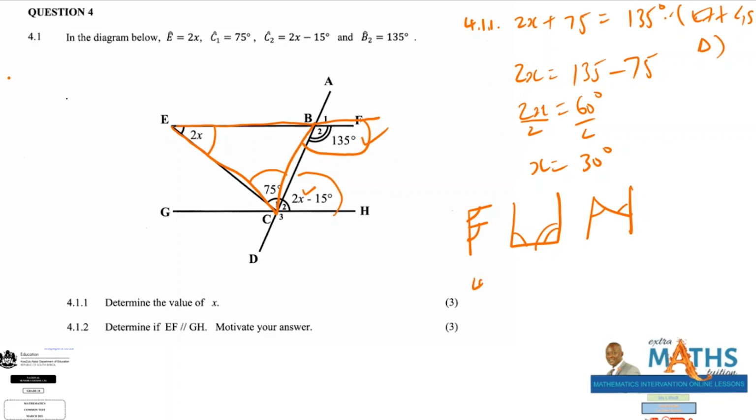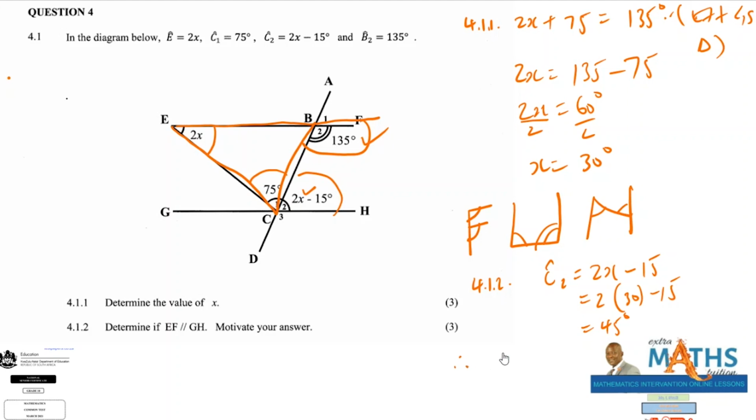It means I would say, for 4.1.2, let me find my angle C2, which is 2x minus 15. Then our x is 30, so 60 minus 15 is 45 degrees. Exactly. Okay. Then where are we going with this statement?